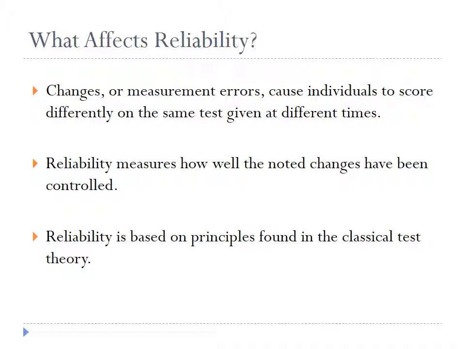Some things that cannot be systematically accounted for in our administration. A power outage in the building, for example, during the middle of the exam. An individual who woke up ill that morning and had an upset stomach during the exam.